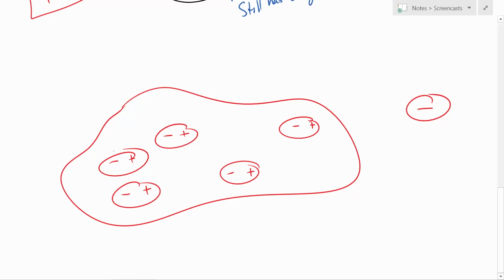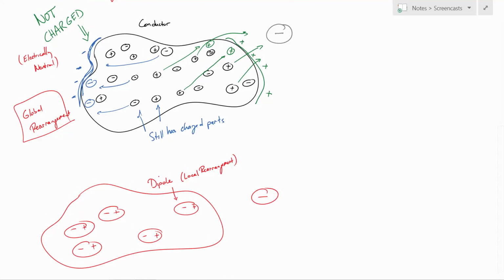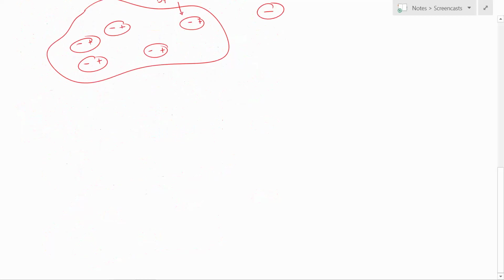And I just made a very cute gesture with my hands that none of you can see. Sorry. This is what we would call a dipole, and it's going to come up a lot in chemistry down the line, so it's a good thing to get into. Dipole, two poles, positive, negative. This is what we would call then a local rearrangement of charge. This is one of the big distinguishing factors here. So, this is a nice picture to have in our mind. It helps us explain some things in terms of how these behave.